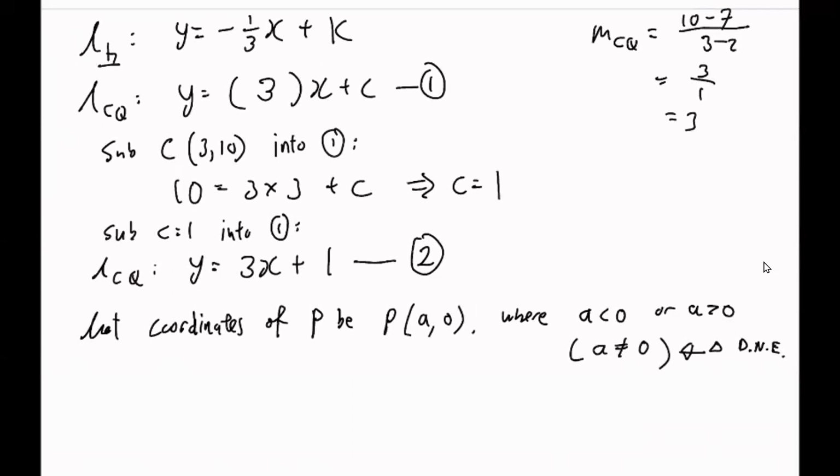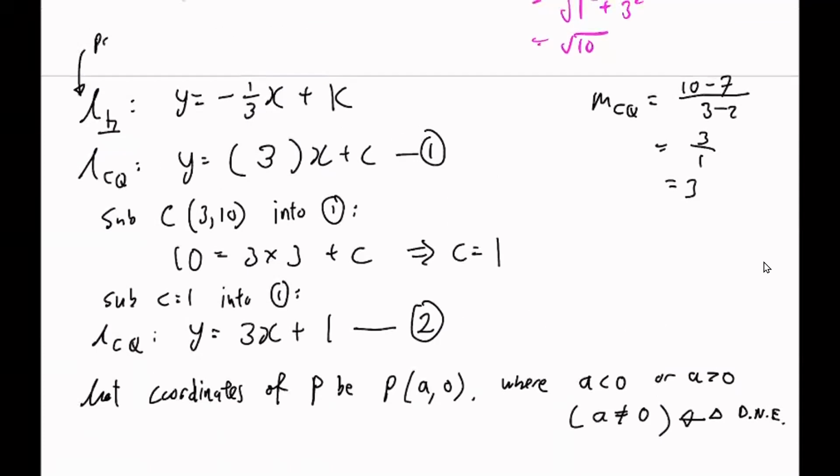How do you find the equation of this perpendicular that passes through the point P? Maybe I make a small note here. Pass through point P, which is (a, 0). What do you want to do with this point P?